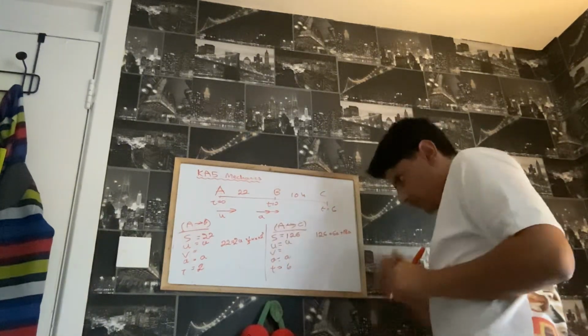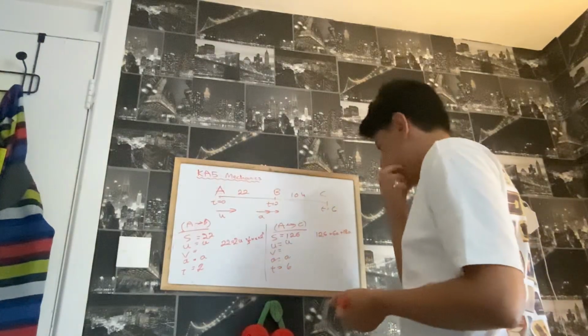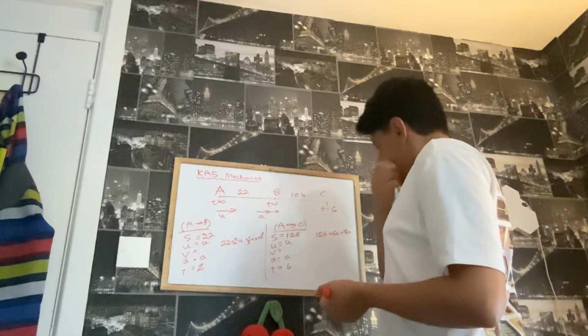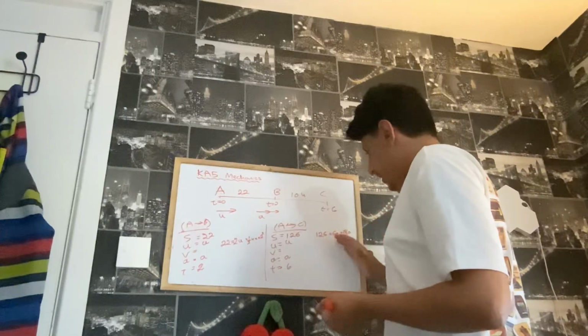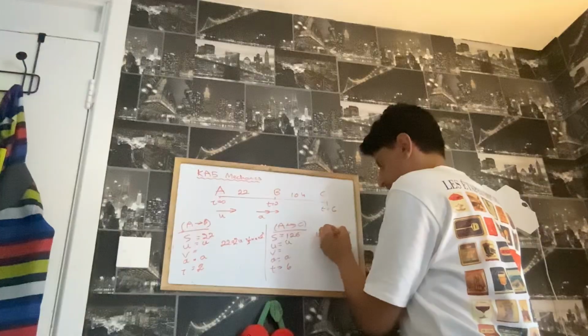Okay? So this is what we got so far, right? Where we have time, speed, acceleration, and the initial velocity.